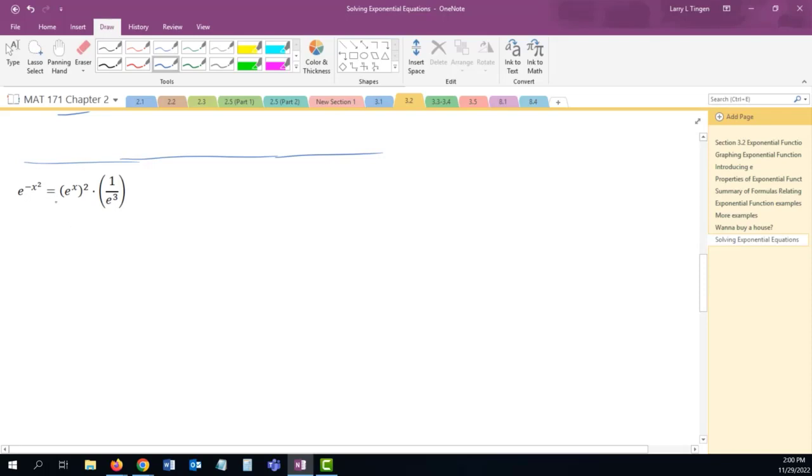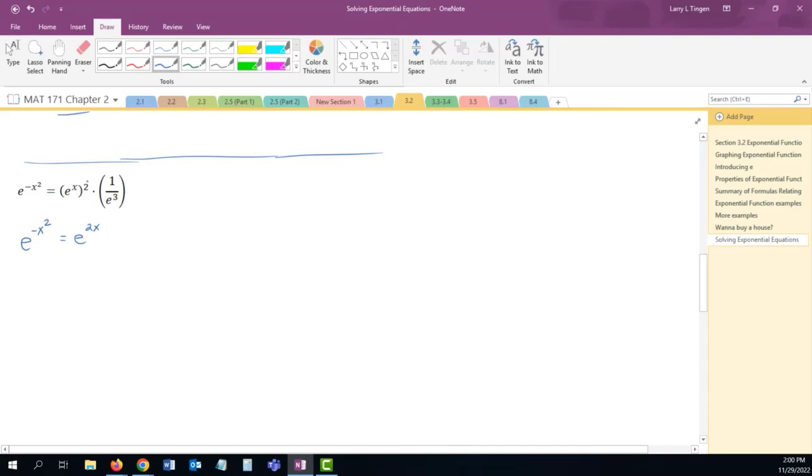So the only rule that I know at this point is powers. If I get the same base to powers, I can set the powers equal. So I have e to the negative x squared. I don't have all the factors on the right in one e. I have 2 of them here. So let's deal with power raised to a power. So this is e to the x all squared.